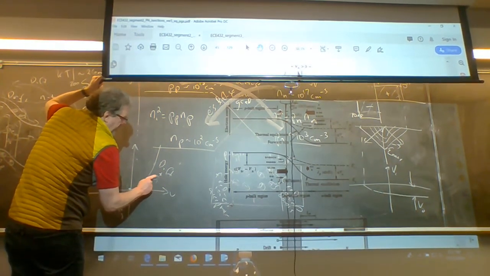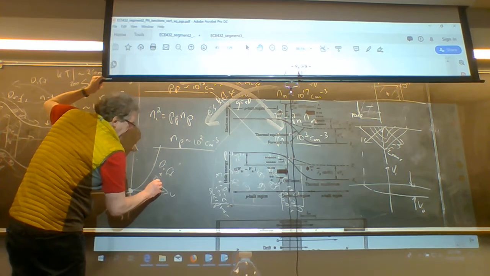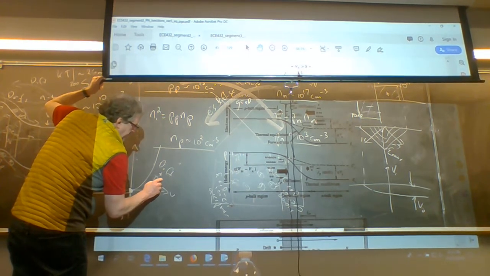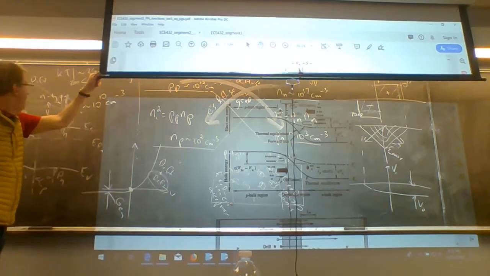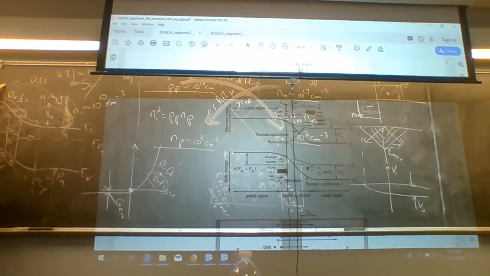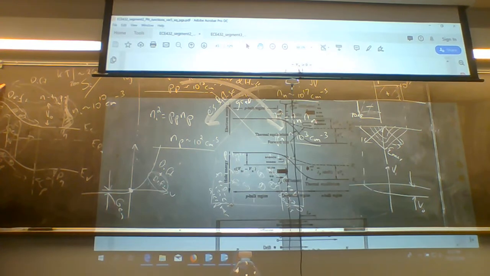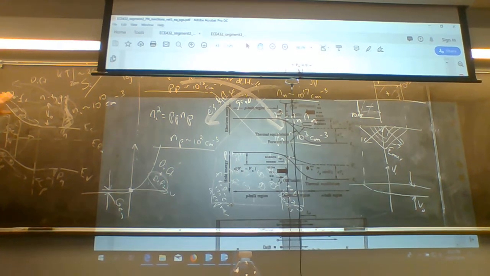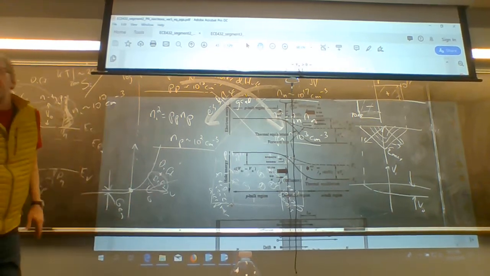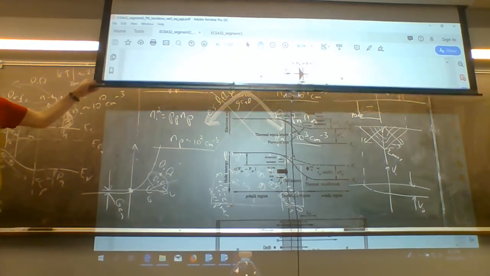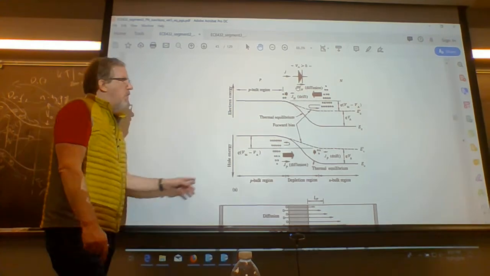Technically, I would say that it's still drifting because you still have generation in and near the depletion region. It still goes on, but it's just almost zero. It's a negligible portion. So people usually don't worry about this.